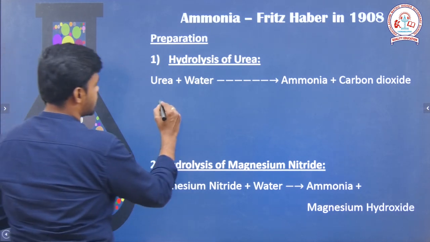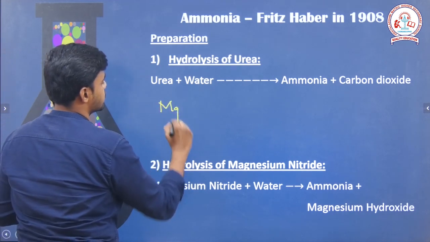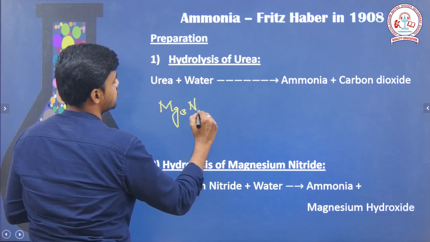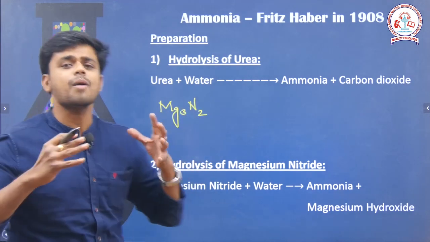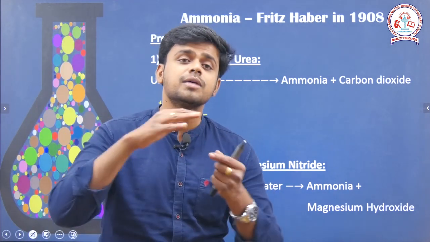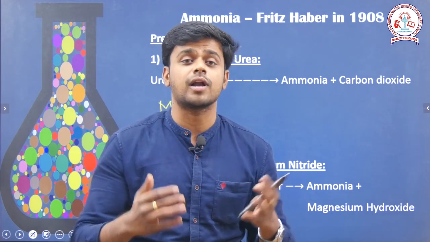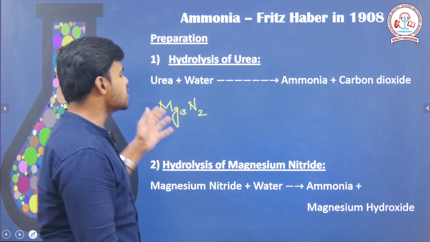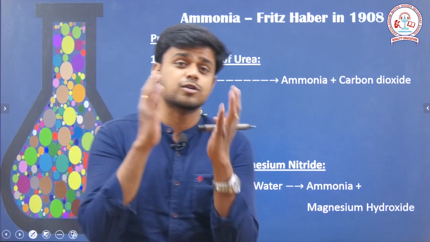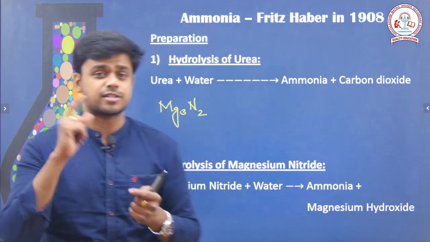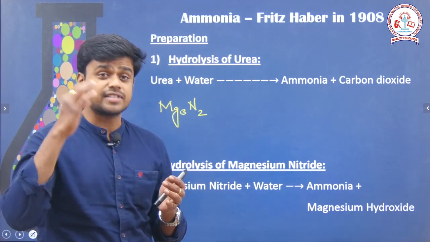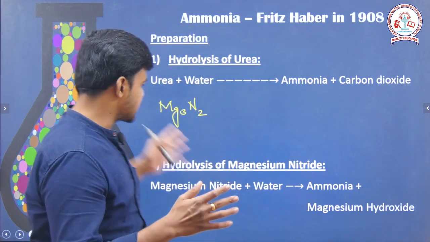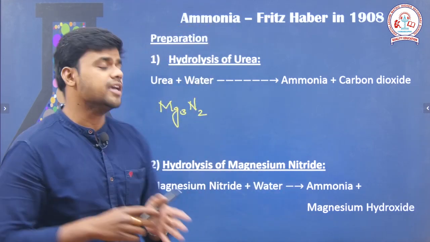Magnesium nitride has the molecular formula Mg3N2. How has this combination been made? On the basis of the oxidation state, which we call valency, right? Magnesium belongs to group 2, so definitely it will have a +2 oxidation state. Nitrogen will have a valency of 3, so obviously it will be in the combination Mg3N2.